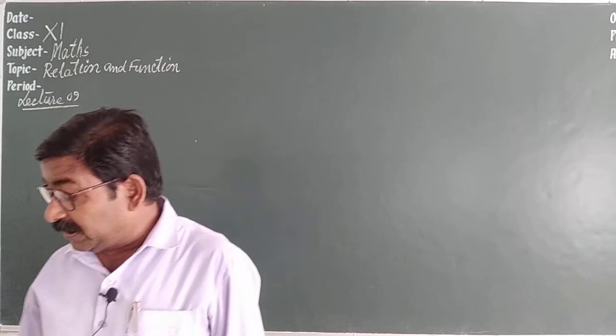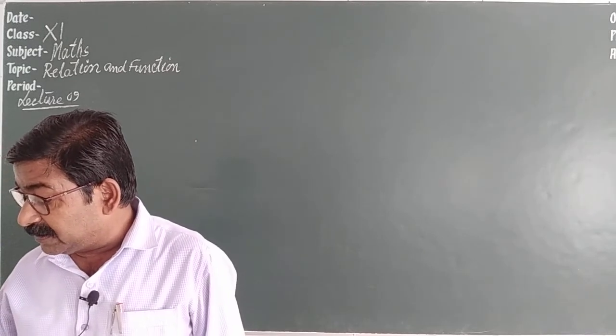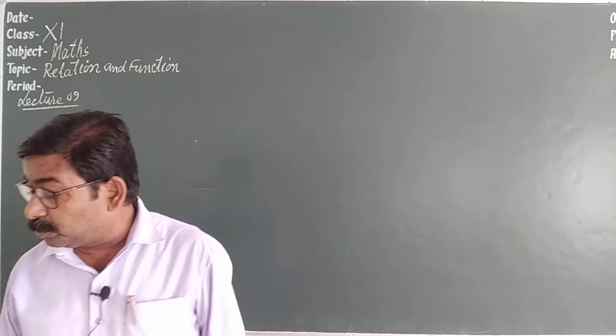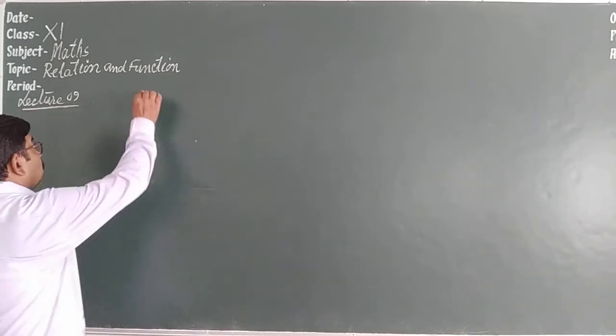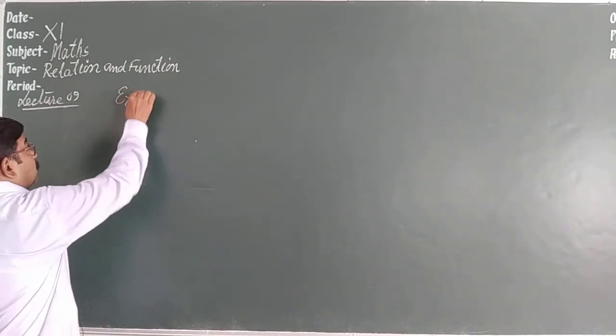Question number 3, exercise 2.3. A function f is defined as f(x) is equal to 2x minus 5.